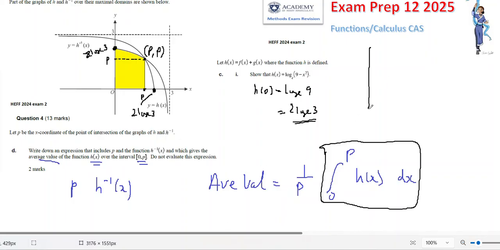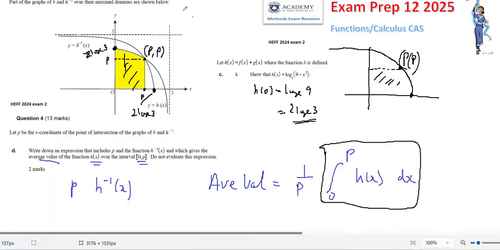So if I was to consider the inverse graph, it is this one here that continues along here and goes to there. And at that point there is P. And if I was to do the dotted line across, this area here represents all of this yellow area here.